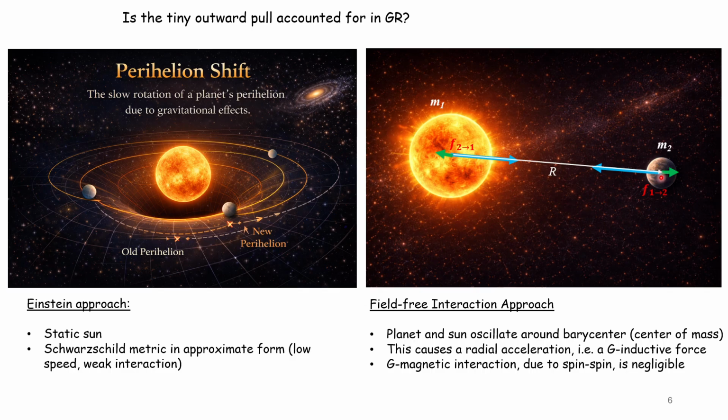That is negligible. Why? Remember, Mercury is about 100 solar radii from the Sun. So we have a motion in one direction on this side of the Sun and the opposite direction on the other side. So that will cancel. So the net effect of that is very, very small. It's completely negligible.